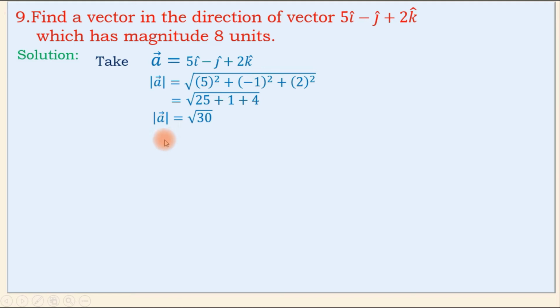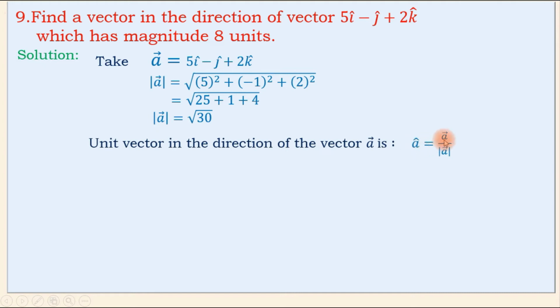Now first write unit vector in the direction of given vector, that is A cap equals A vector divided by its magnitude, that means 5 i cap minus j cap plus 2 k cap divided by root 30. Now we write a vector in the direction of given vector which has magnitude 8 units.